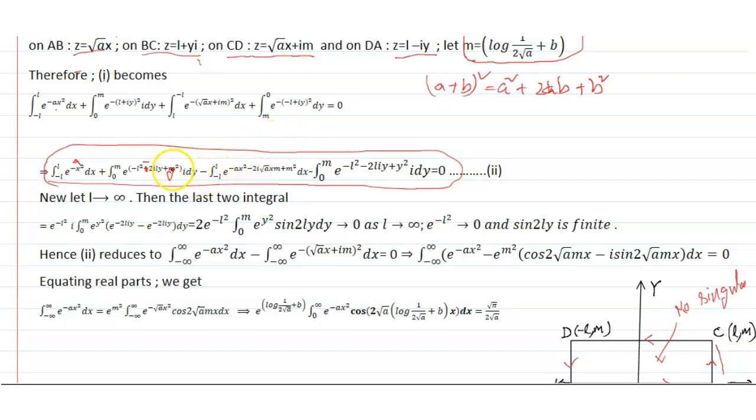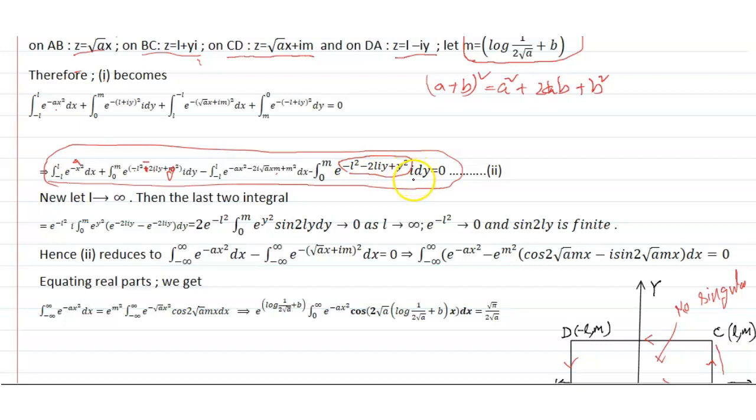It is plus y square, not m square, minus L square minus 2Li plus y square, minus integral from minus L to L of e to the power minus ax square minus 2i root over a x m plus m square, and this is the total calculation, friends.